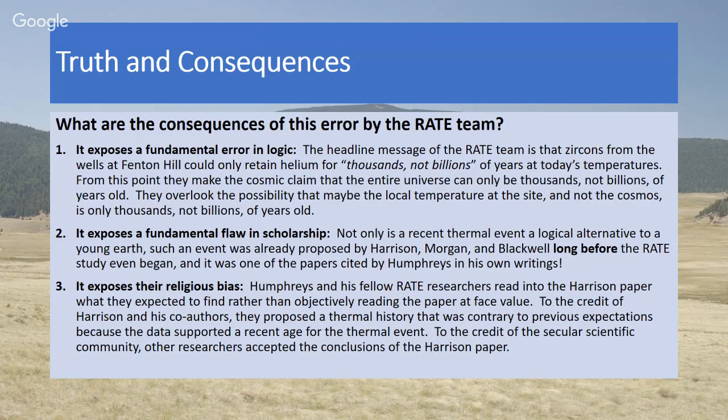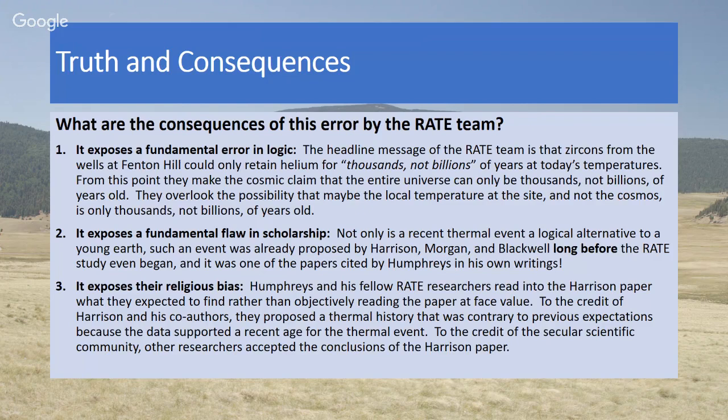The headline message of the RATE team is that the zircons from the Fenton Hill wells could only retain the helium for thousands, not billions of years at today's temperatures. And I put "thousands, not billions" in quotes, because that is actually the title of a popular book on the RATE study, Thousands, Not Billions, by Young.